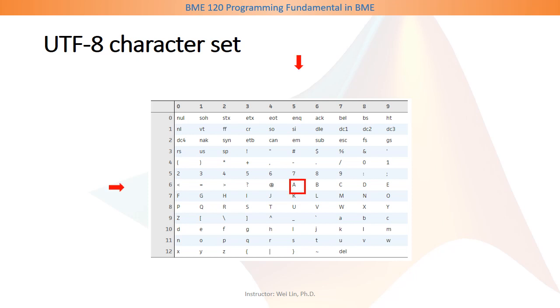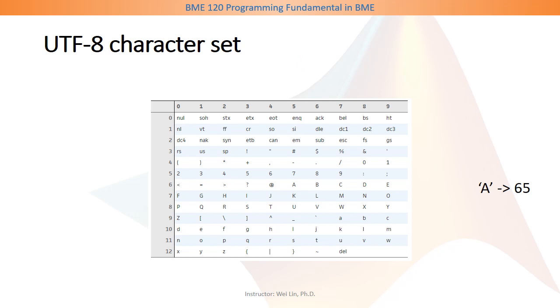For example, for letter A, a capitalized A, all you need to do is to find the number in the left column and the number on the top row. The left column number will be the tens digit, and the number on the top row will be the single digit. So in this case, you will see capitalized A has a code of 65.